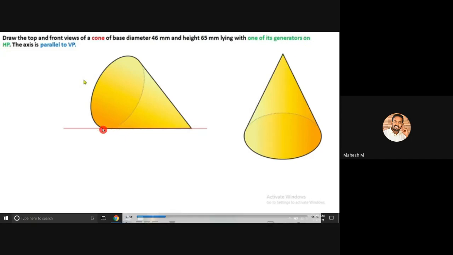So you have to touch any one inclined line to the HP line. You can create your base circle in the top view position. Then only can we touch the inclined line on the HP.